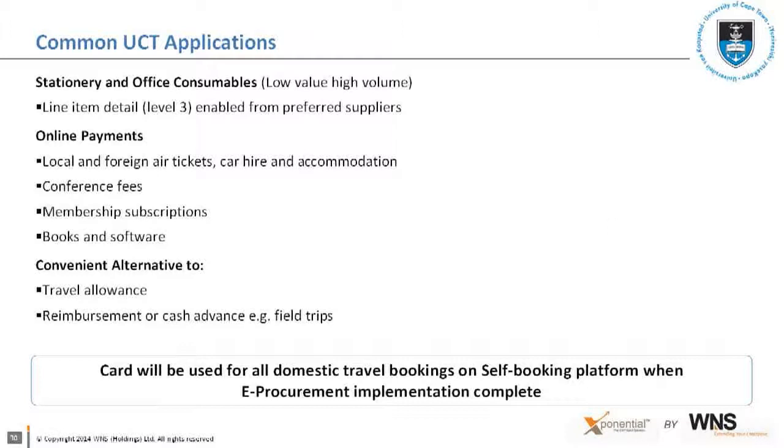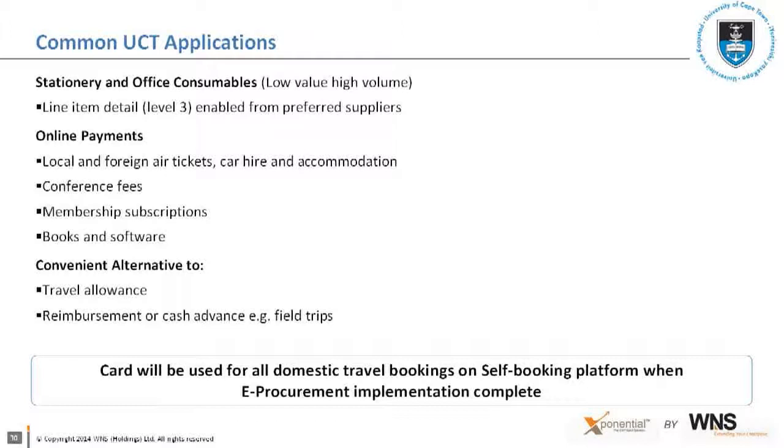field trips. What is very significant is we're currently in the process of implementing a full e-procurement platform, and an important aspect of that is a self-booking tool for travel, and that's for local travel basically, and all our local travel will be paid by card.